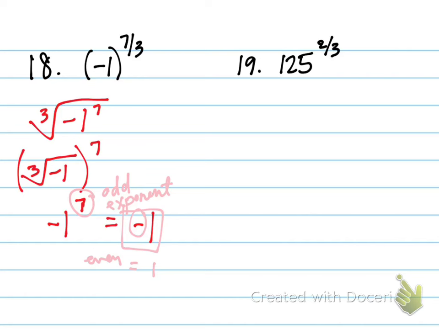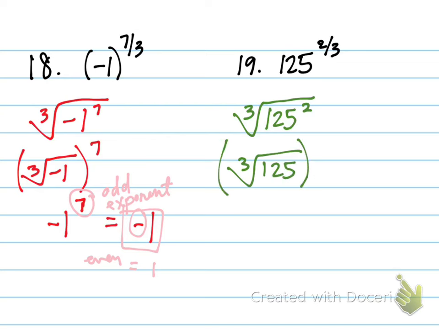And then finally, we have number 19. So this would be the cube root of 125 squared. I'm going to do the cube root of 125 first. Then I'm going to square it. So the cube root of 125 is 5.